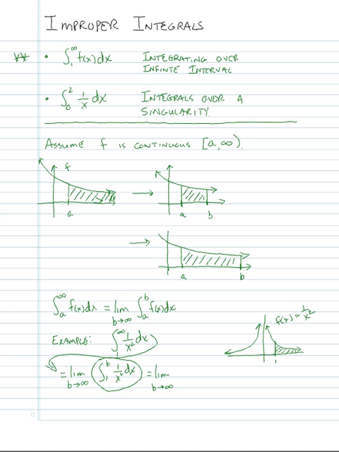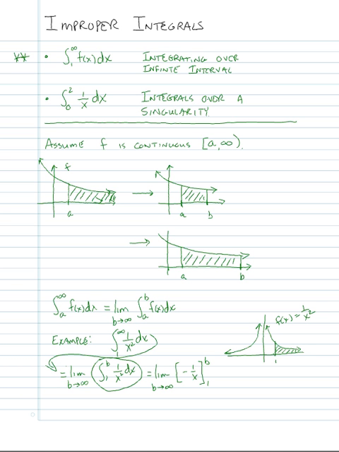Now the integral of 1 over x squared is, and you can verify this on your own, the opposite of 1 over x, is negative 1 over x. And of course we had a definite integral from 1 to b, so we need to evaluate that.